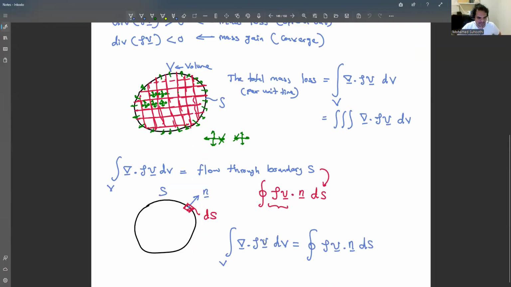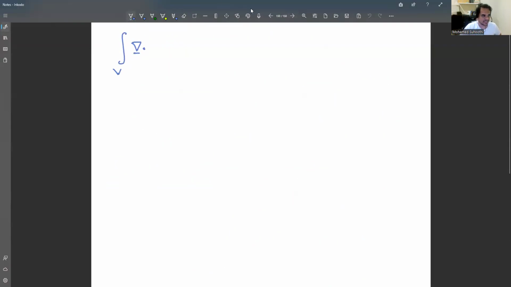This is the vector, so now that vector I can write as f, a vector field function. The divergence of the vector field along the volume integral is equal to the surface integral of the same vector field dot product with the normal vector along the surface, times ds.